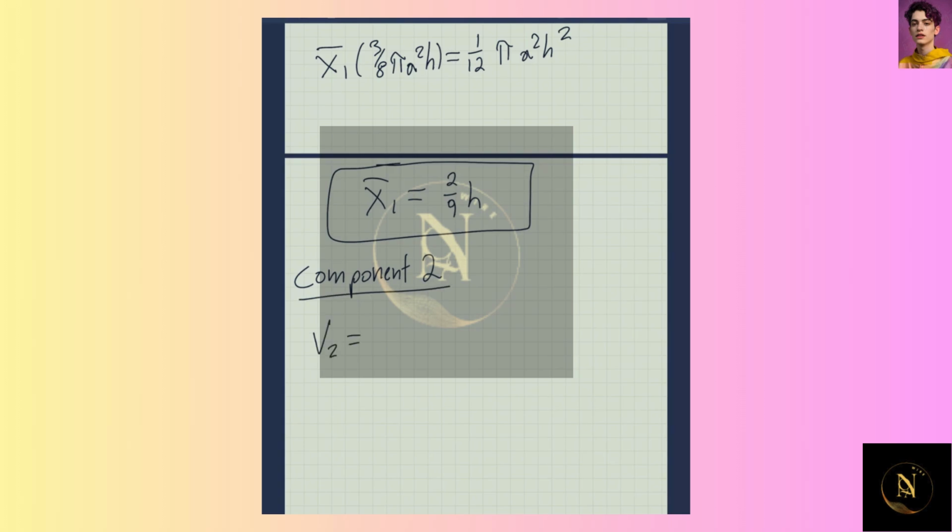Now we can use the same method to find the second component. This time for the volume, we're integrating from h over 2 to the complete height of the paraboloid. And the differential element of volume is going to be the same because we're still integrating a disk through. So we just plug in dv from before.